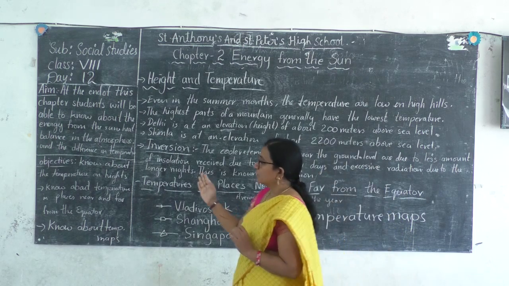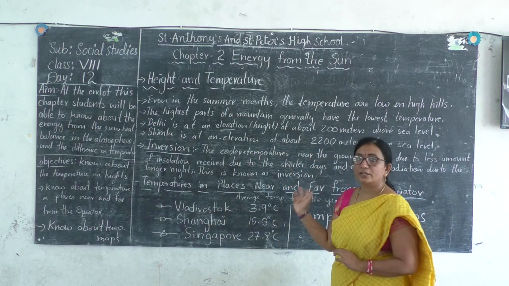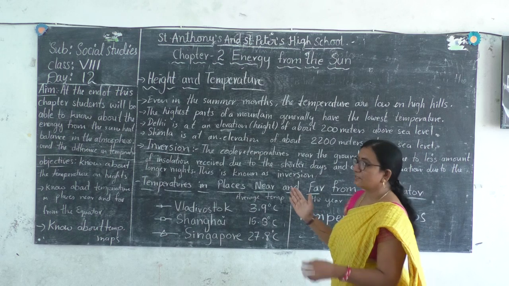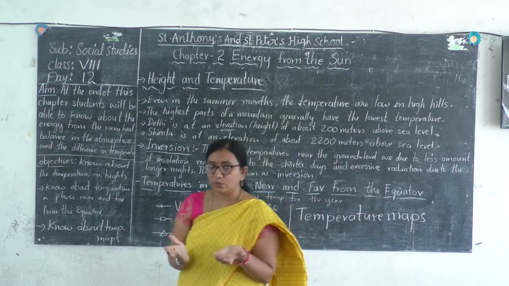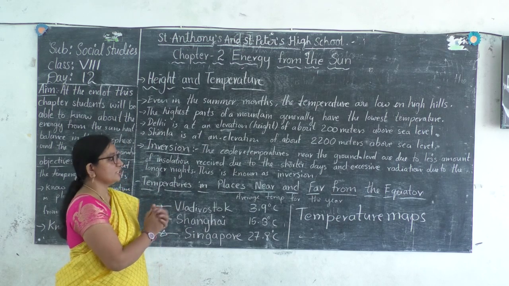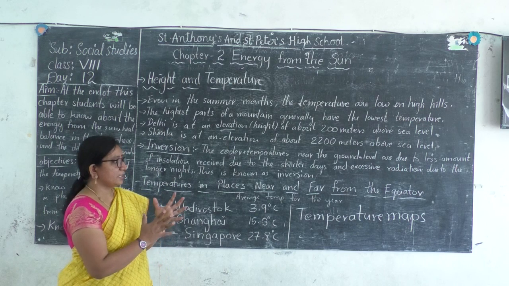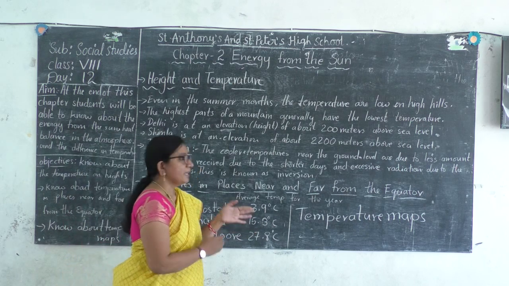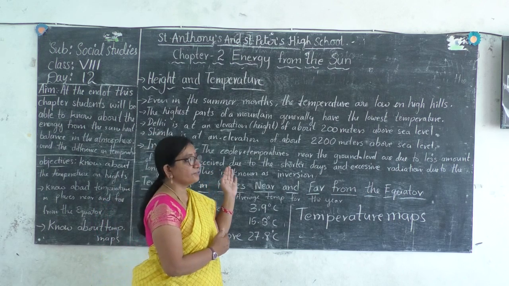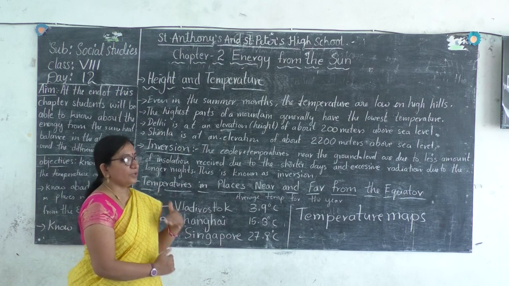So we have covered different temperatures of different places in this entire lesson, and for the entire world, how the equatorial regions experience the heat of the sun, how it varies at the Tropic of Cancer, and how it is different at the freezing zones of the North Pole and South Pole.